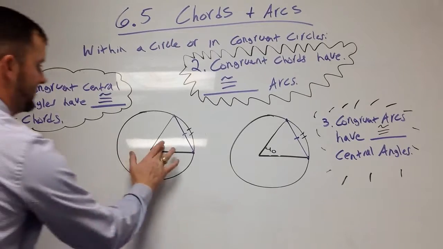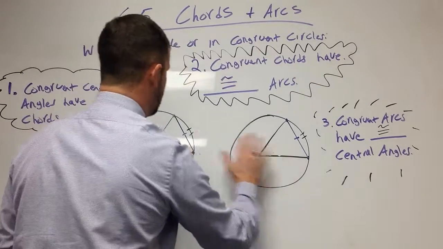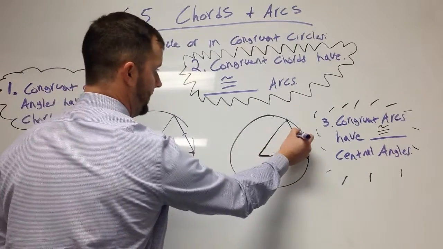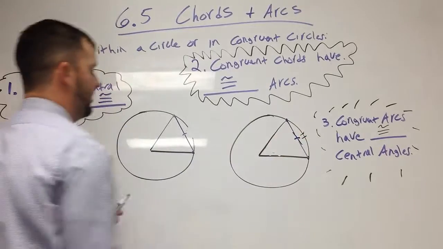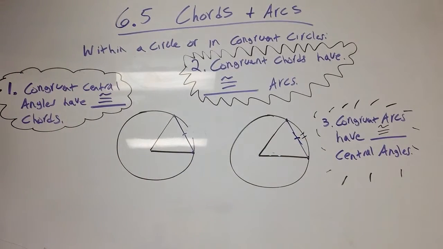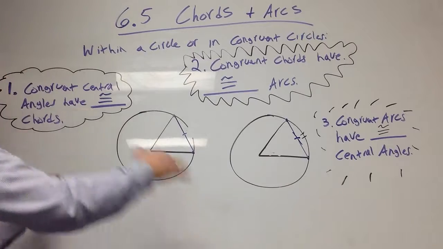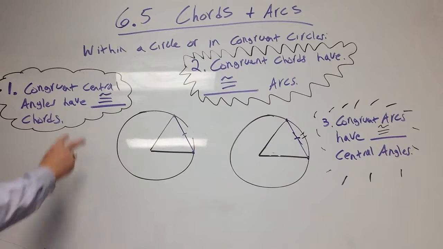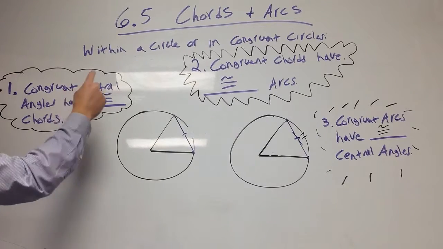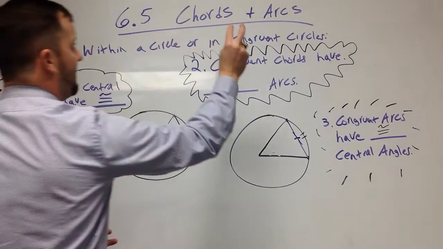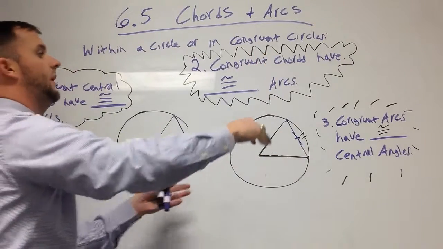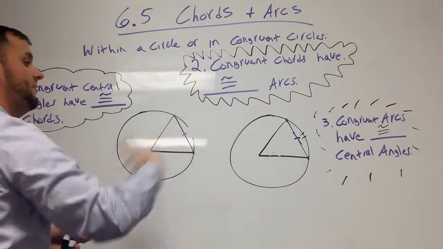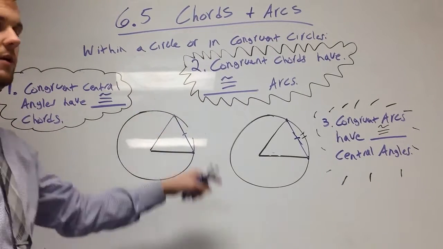For instance, if you're not given this, and let's say hypothetically you're given that both of the chords are congruent, then all of these three things are going to be congruent. Meaning, if they have central angles that are congruent, then the chords are congruent. If they have chords that are congruent, then the arcs are congruent. If they have arcs that are congruent, then it goes back to the central angles. So all three of these things are going to be congruent to each other if one of them is congruent.